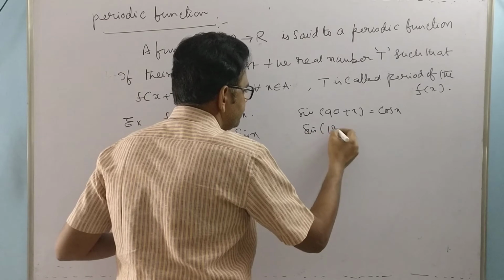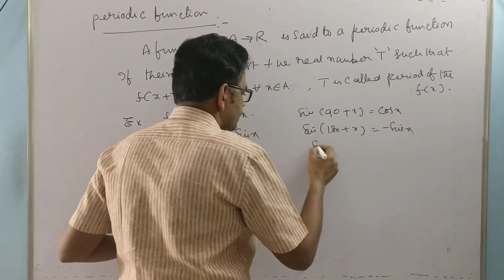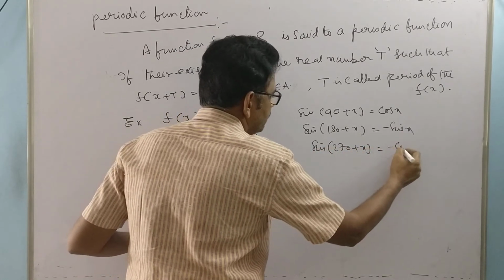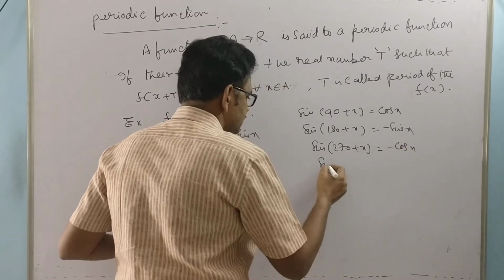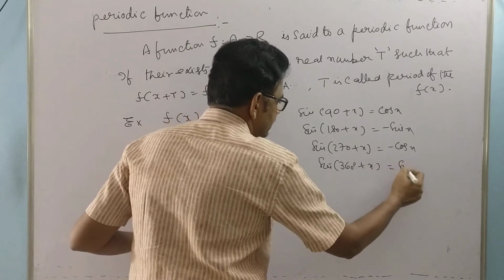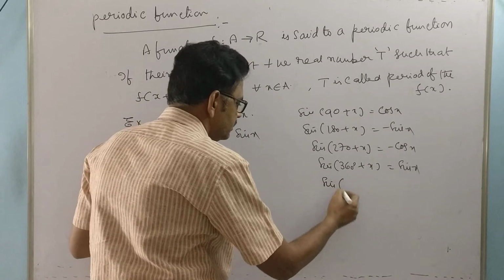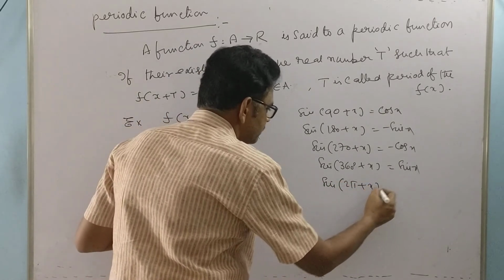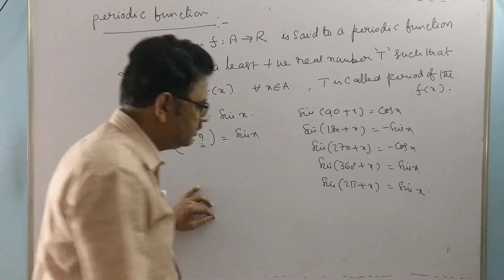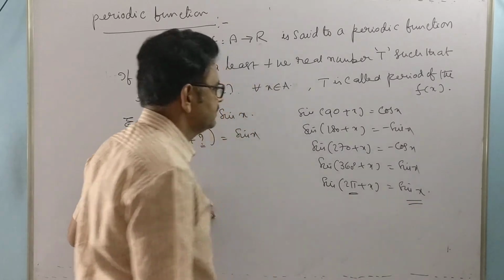Sin of 180 plus x is equal to minus sin x. Sin of 270 degrees plus x is equal to minus cos x. Sin of 360 degrees plus x is equal to sin x, that is sin of 2 pi plus x is equal to sin x. So f of x plus t, you are getting the same sin x.